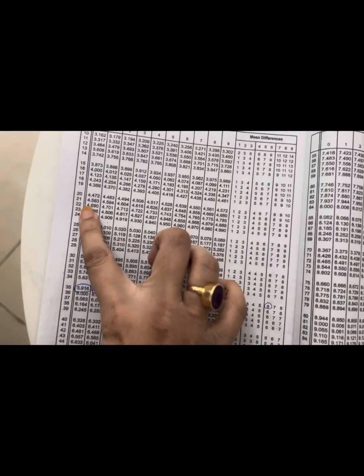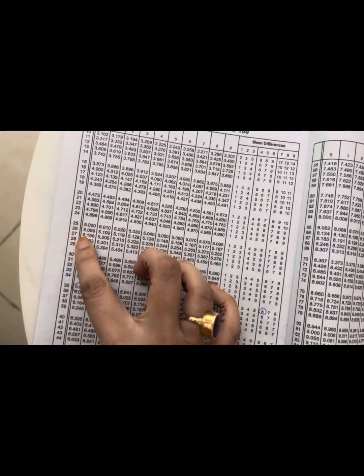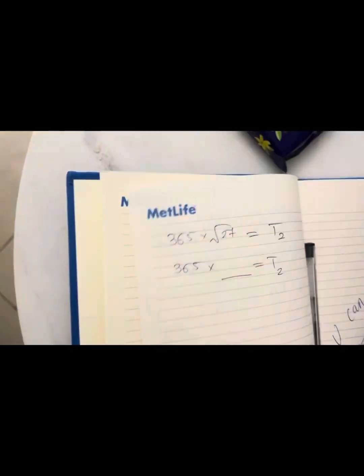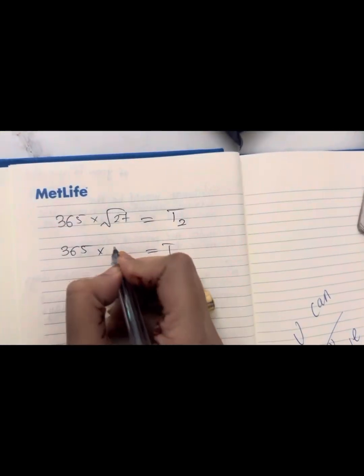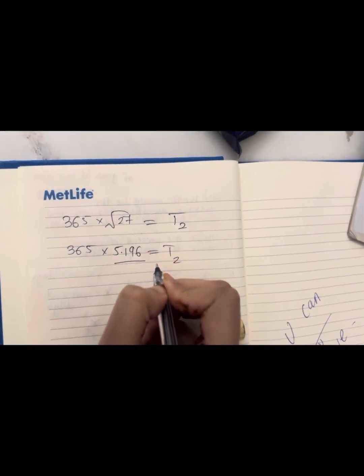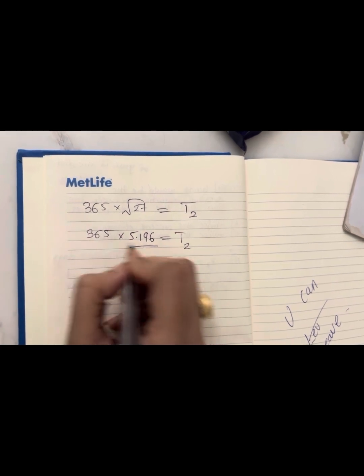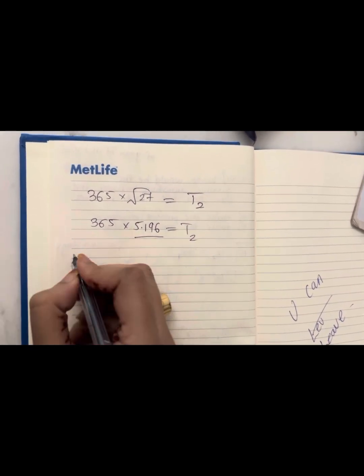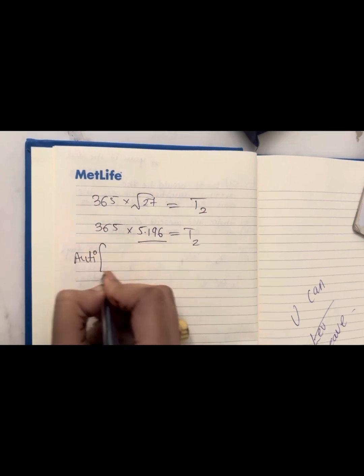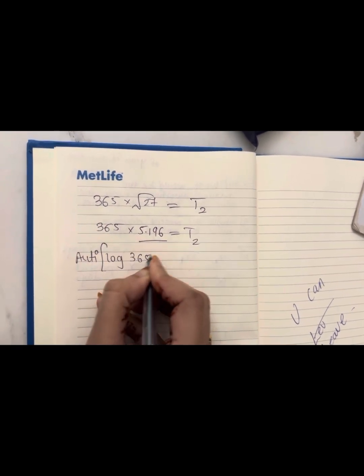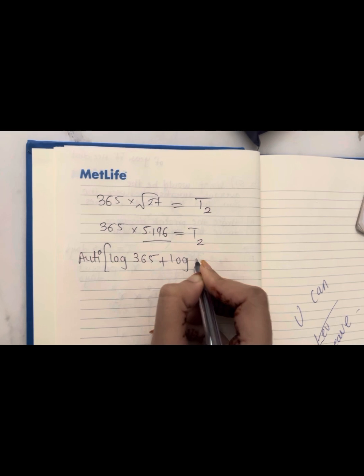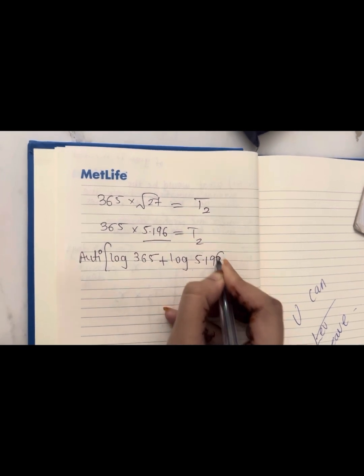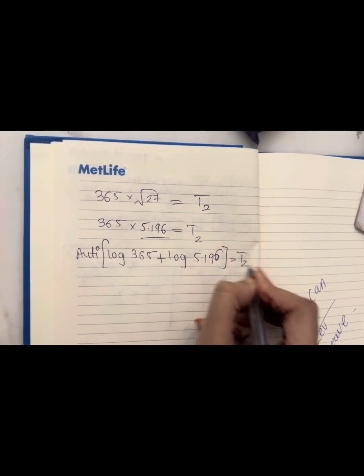Square root of 27 is 5.196. Now you can apply log, antilog, multiply and get the answer, or you can directly multiply. I'll go by log, antilog. Log of 365 plus log of 5.196 is equal to log of T2.